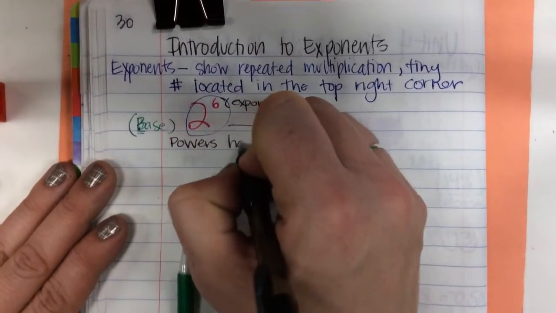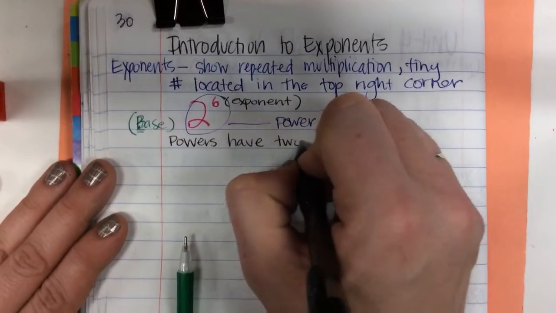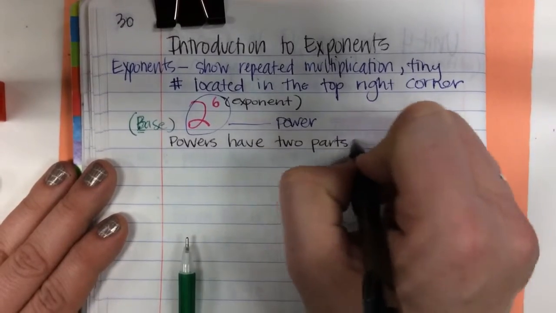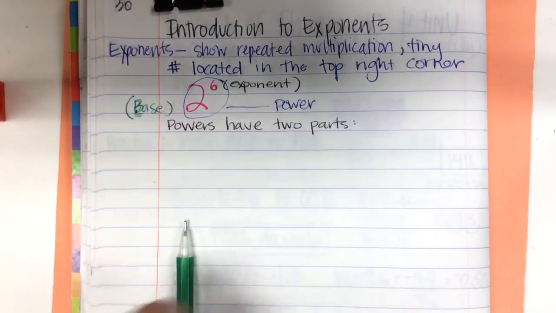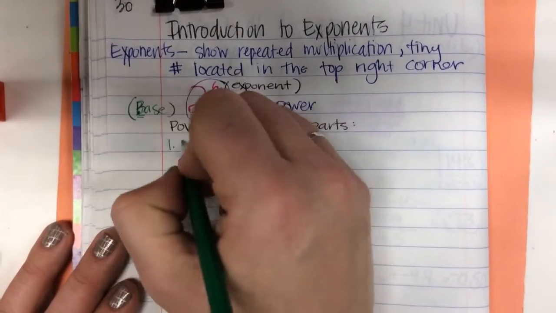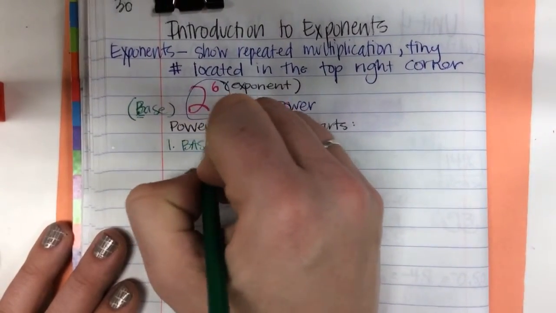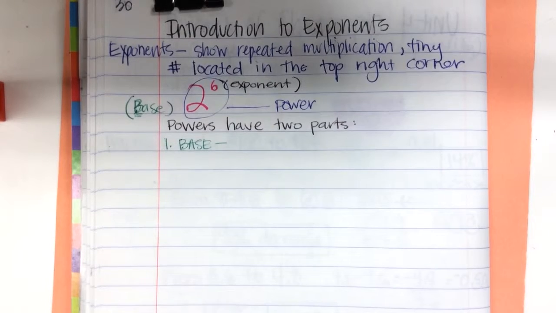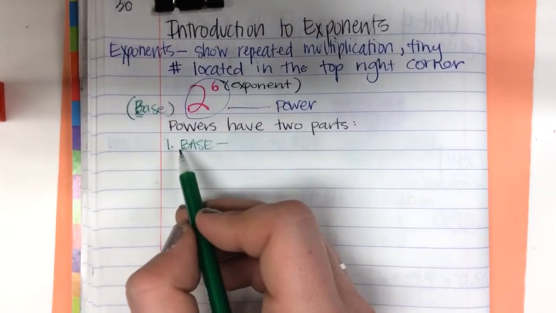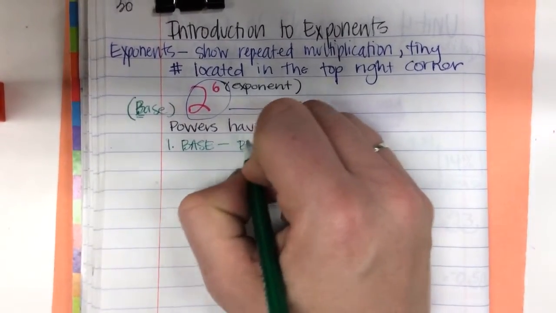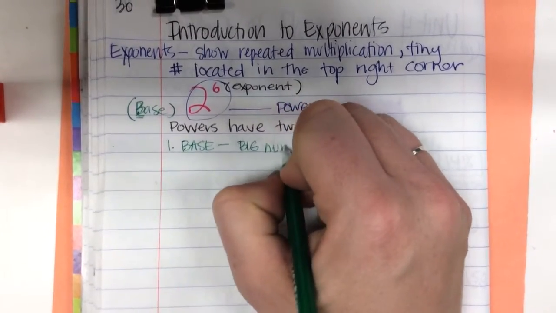Powers have 2 parts. The first part you just told me was the base. It's the big number.